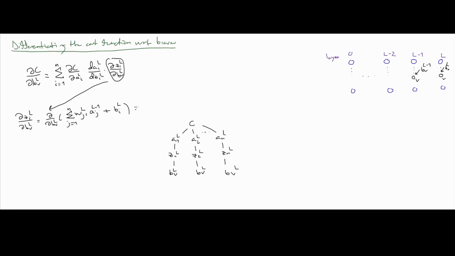Then distributing the derivative, we get the following sum as j goes from 1 to n of the partial derivative with respect to our bias in neuron v of the following product, plus the partial derivative of a bias term at some arbitrary neuron i with respect to the bias term at neuron v.